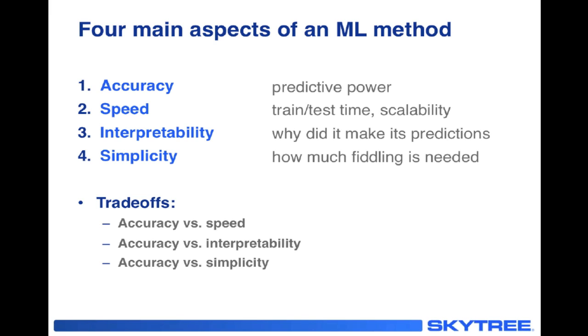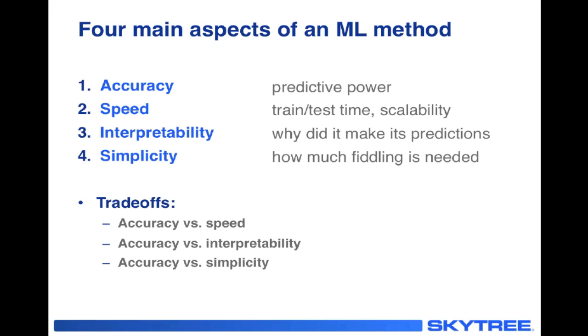Nonetheless, I will attempt to give you my qualitative categorizations or assessments of different machine learning methods along these axes. Okay, number four really boils down to data scientist time. How much time does it take the data scientist to fully try to maximize the potential of that machine learning method?